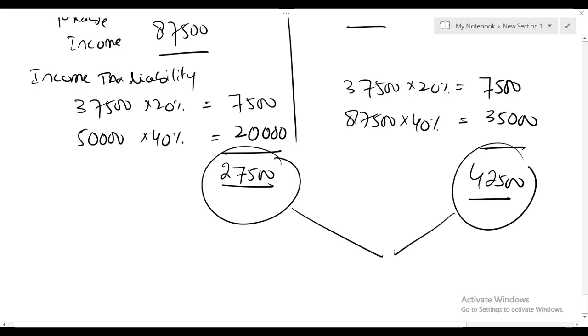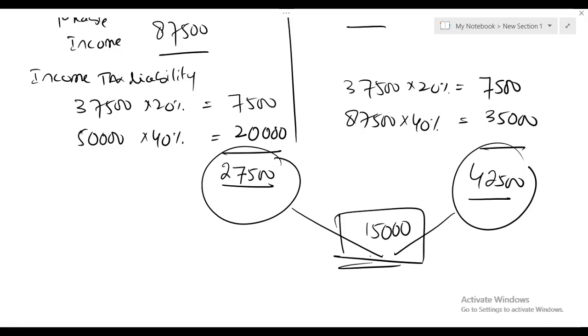What is the difference between these two income tax liabilities? The difference is 15,000. If Mr. X is having 1 lakh income, then income tax liability is 27,500. If the same individual is having income of 1,25,000, then the tax is 42,500. So there is a difference in the income tax liability of 15,000.